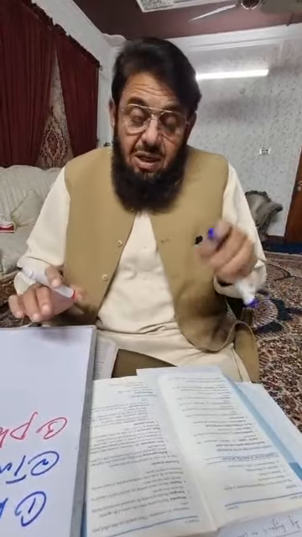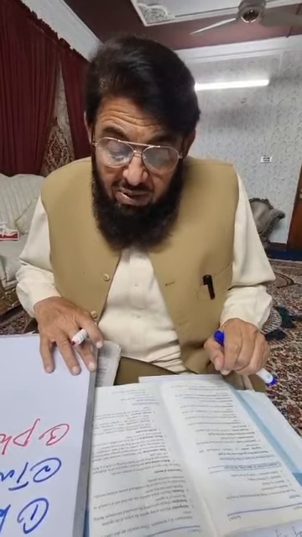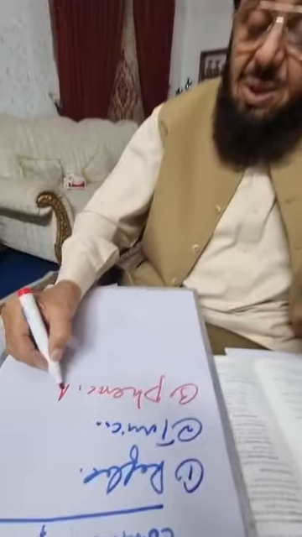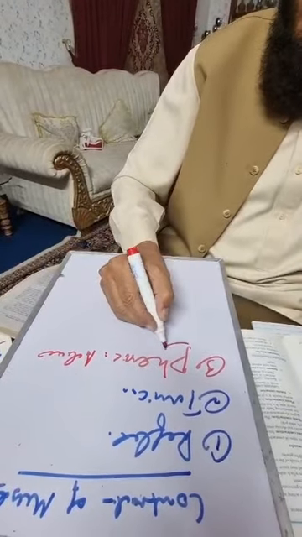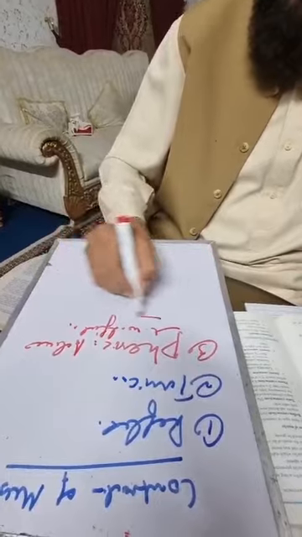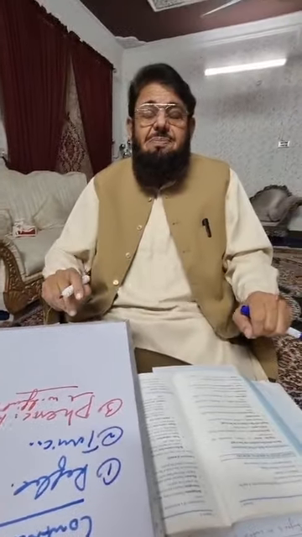Phasic contraction is that type of contraction in which there is active and willful contraction of the muscle to produce any movement.